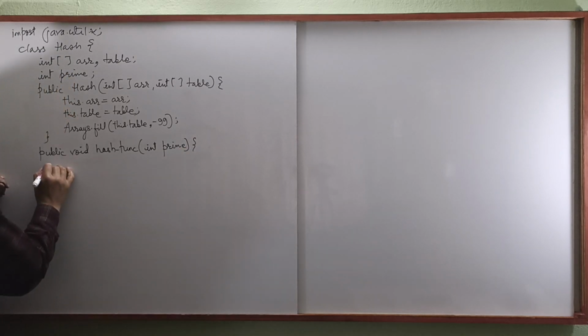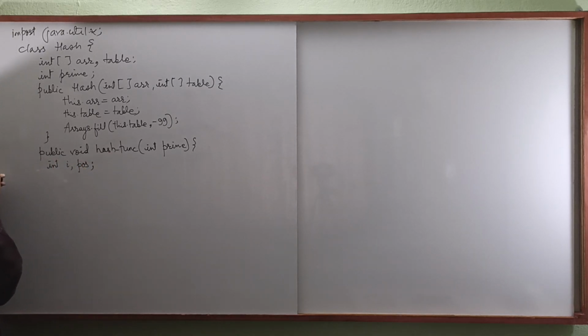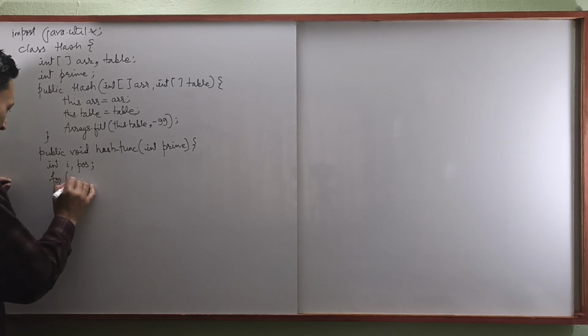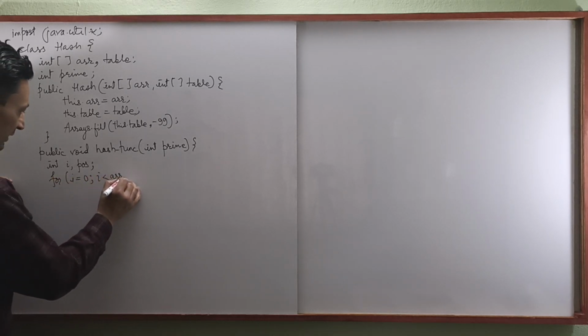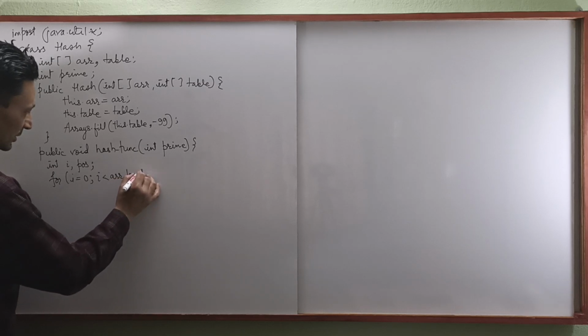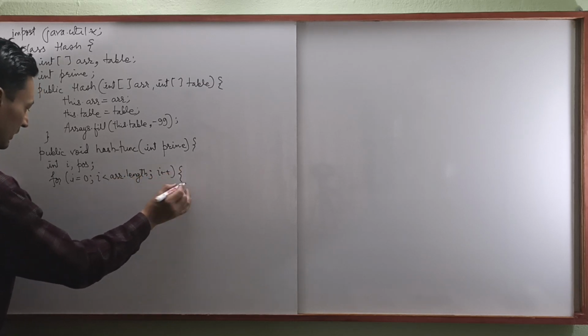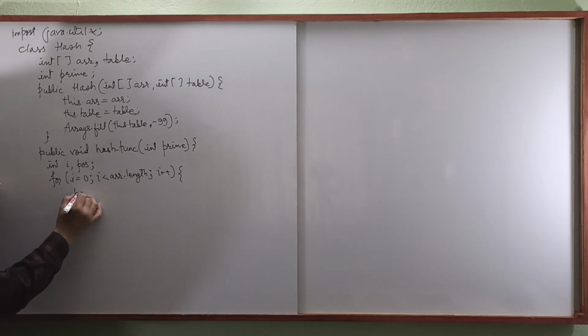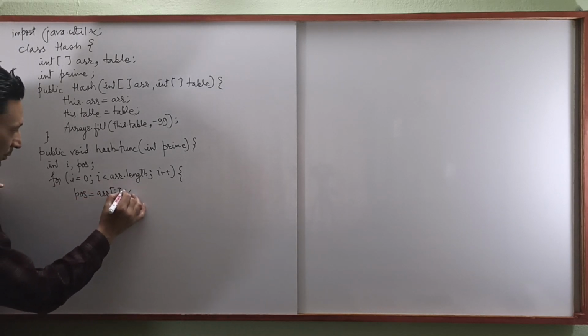Now I will declare one integer variable, position. Now I am using the loop for i = 0, i less than array.length. This is the original array, original list, i++, then position = array[i] modulus.